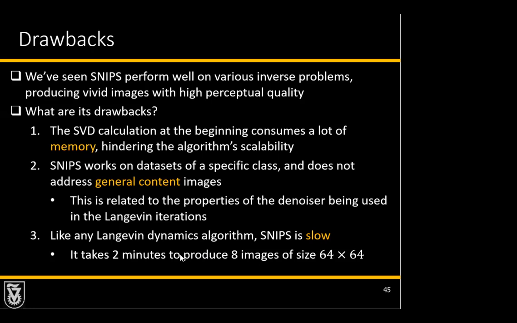There are some recent works from around the world that attempted to address this. They reduced this 2-minute number significantly. And we are also working on something in this regard, hopefully in my PhD studies. And we believe that the technology and the research will address all these drawbacks in the future.